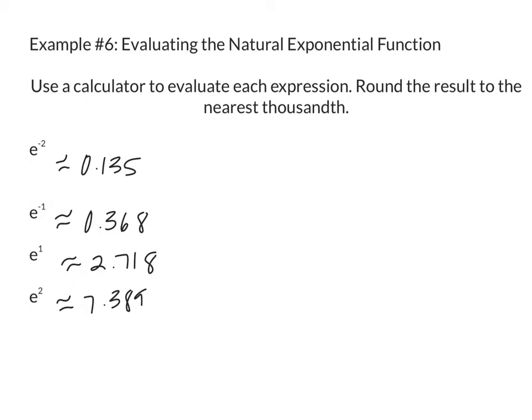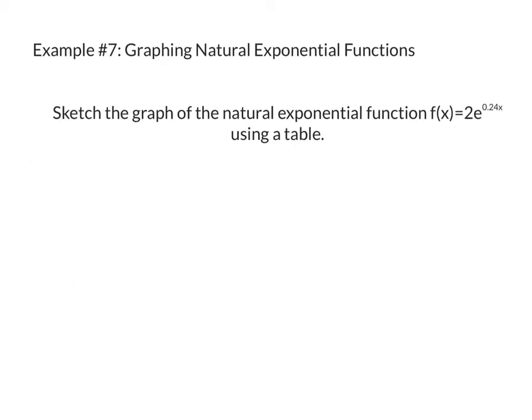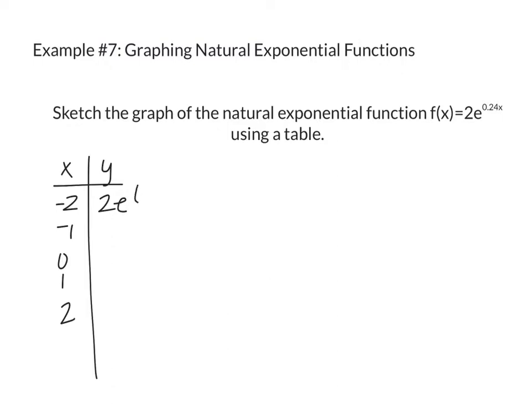Alrighty, let's keep going. With example 7, now we're going to sketch using a table. At this point, really all we're doing is basic algebra 1. We're going to create a table using some fairly simple values of -2, -1, 0, 1, and 2. To find the first value, I'd do 2e to the 0.24 times -2.